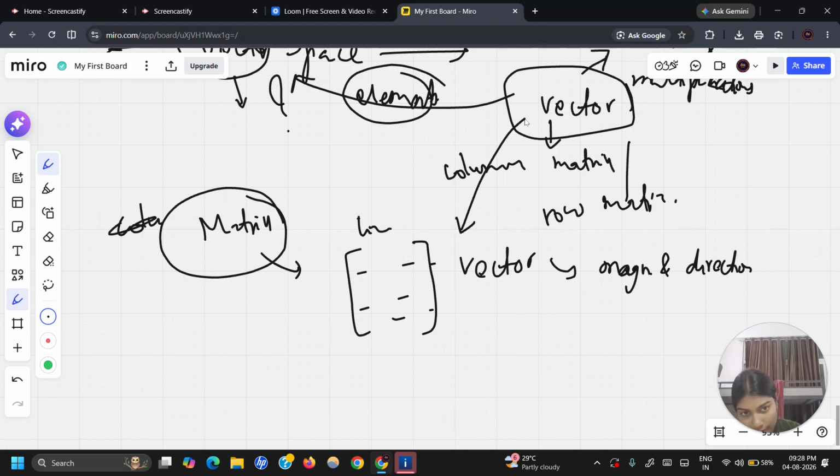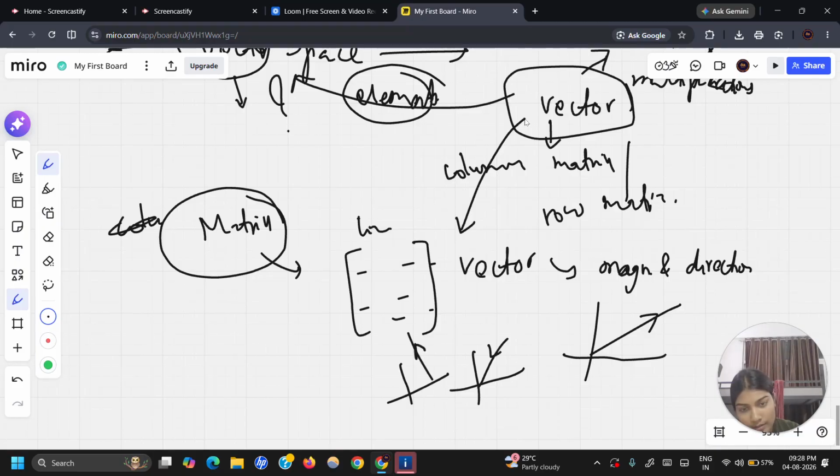So if we draw, that is length, and it has direction, whether this way or this way. So this length is the magnitude, that means it tells how much the length is. And the direction, the arrow indicates which direction it is following.